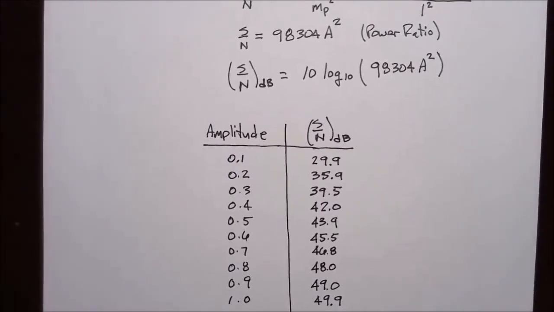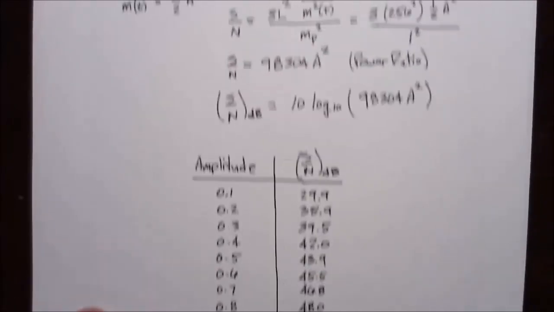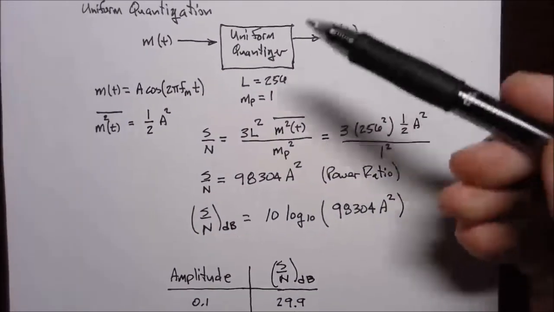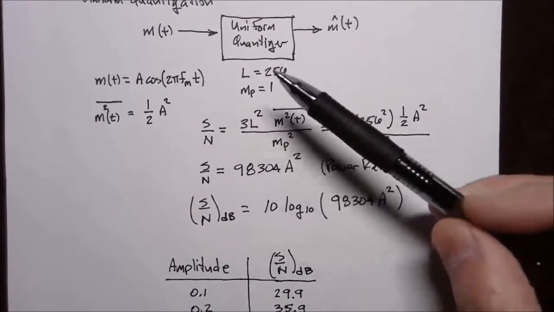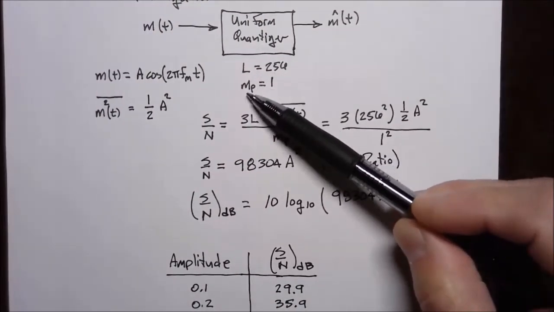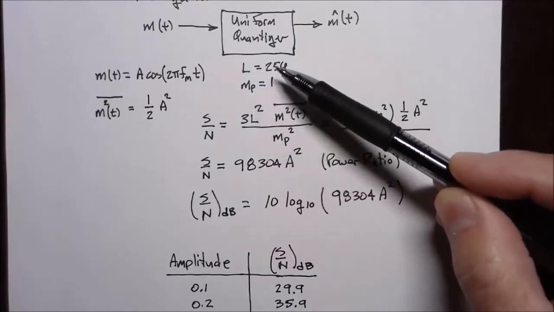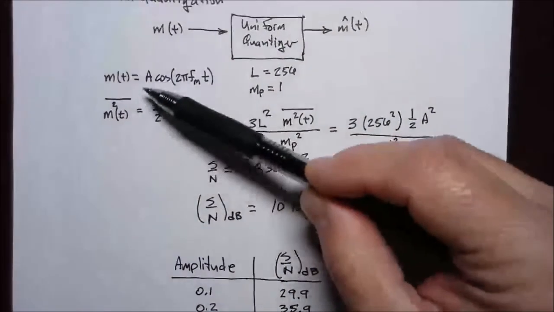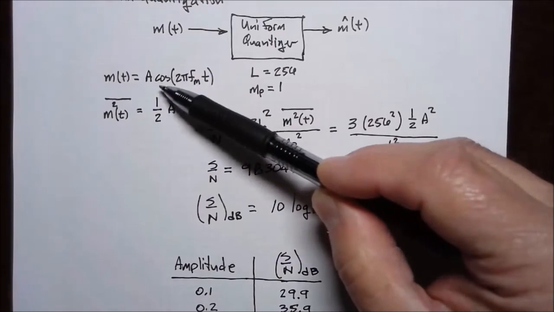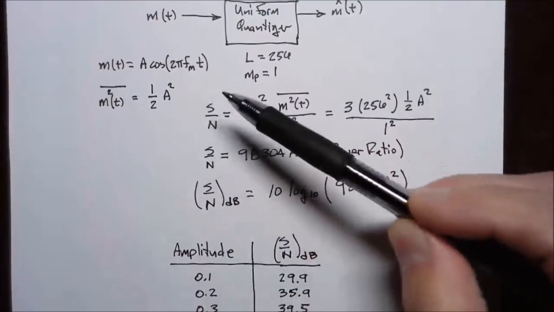So I've done the calculations for a uniform quantizer, 256 levels, a peak range of 1, so it goes from -1 volt to +1 volt. A message signal that is just a cosine with a certain amplitude.